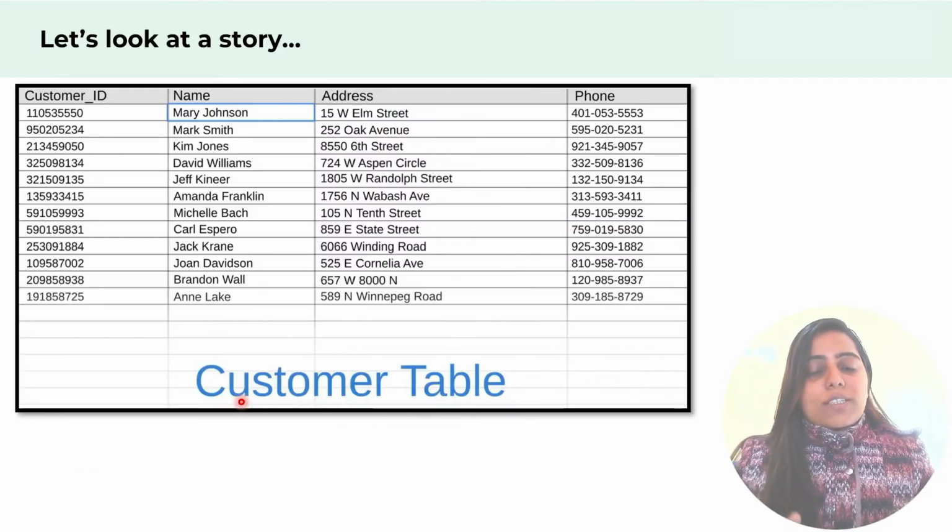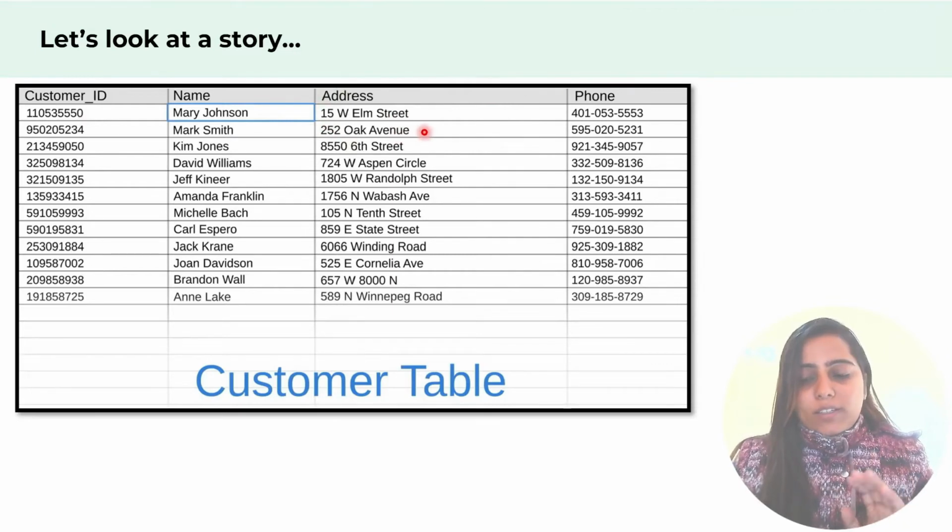So what does this customer table or spreadsheet contain? It contains a customer ID, the customer name, the customer's address, and also the phone numbers. So as you can see, Mary Johnson has been given one particular customer ID, and if she ever changes the address, the change will be reflected over here as well.